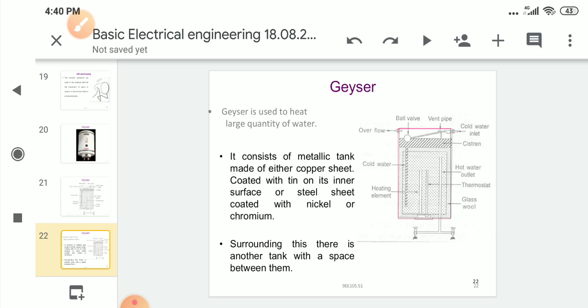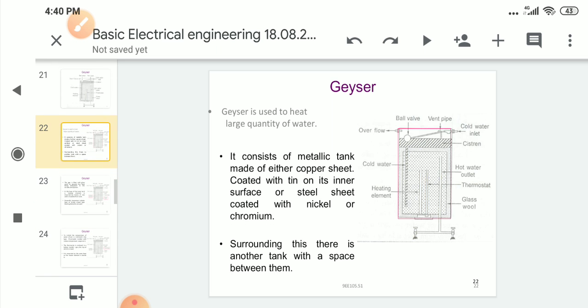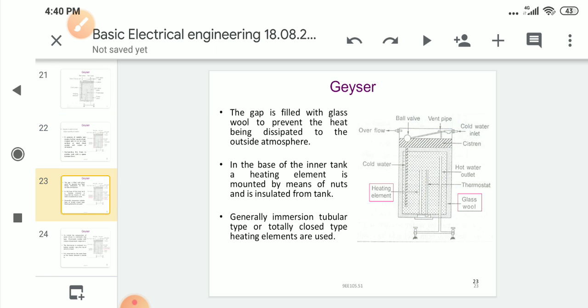To prevent corrosion, its inner surface is coated with tin, or it is a steel sheet coated with nickel or chromium. In the surrounding there is another tank with a space between them. There is a gap, and the gap is filled with glass wool to prevent the heat being dissipated to the outside atmosphere.